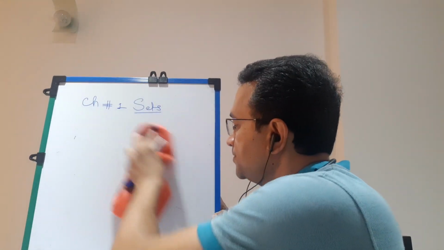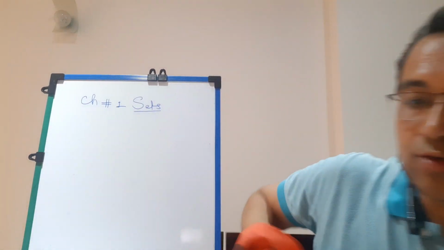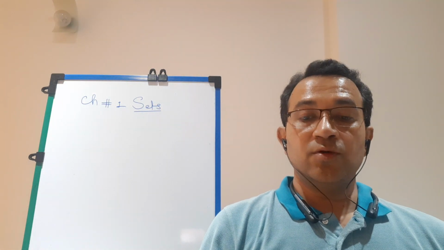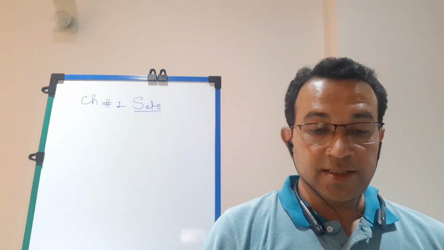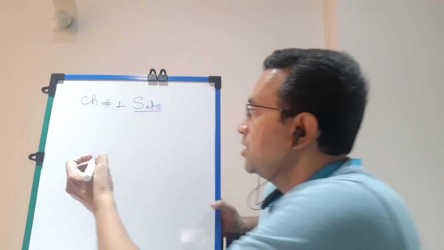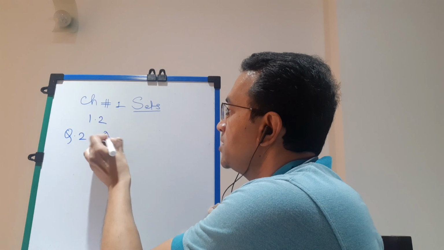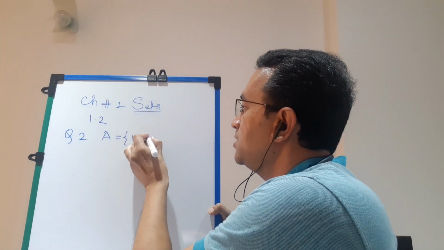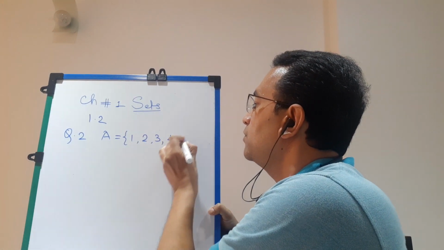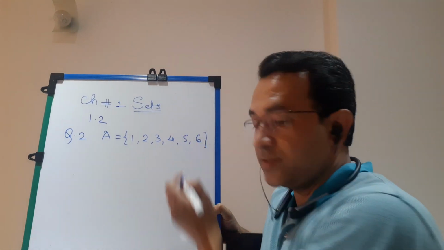So students, the first question I have discussed in detail. You have to justify the answer and write. Set A is the set of integers 1 to 6. Exercise 1.2, question 2. Set A has the integers 1, 2, 3, 4, 5 and 6.